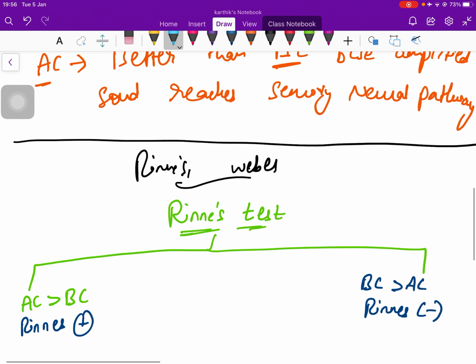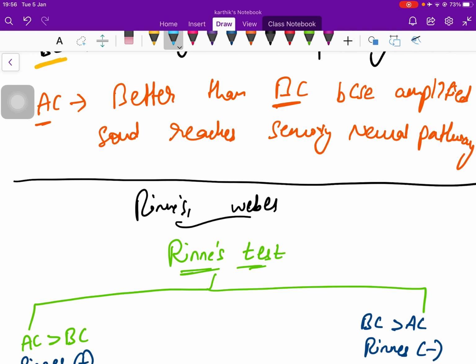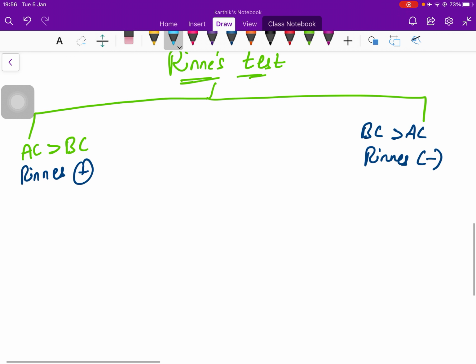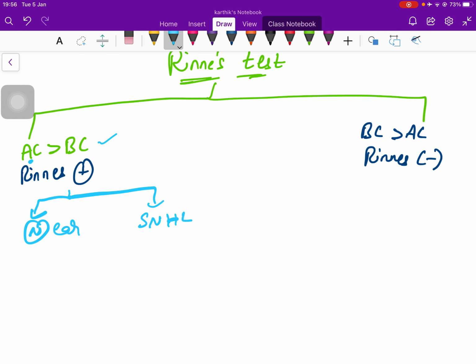I said air conduction is always better than bone conduction because amplified sound reaches the sensorineural pathway. So here, air conduction is greater than bone conduction, which is called Rinne's positive, and it can be seen in two conditions: one is a normal ear and the other is sensorineural hearing loss.